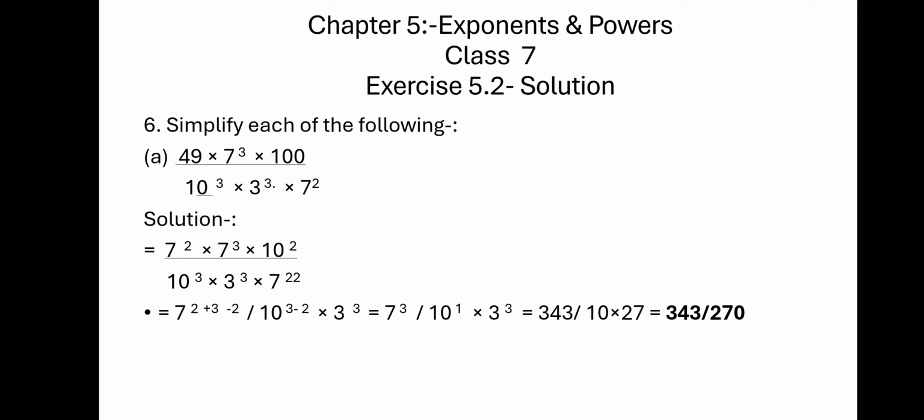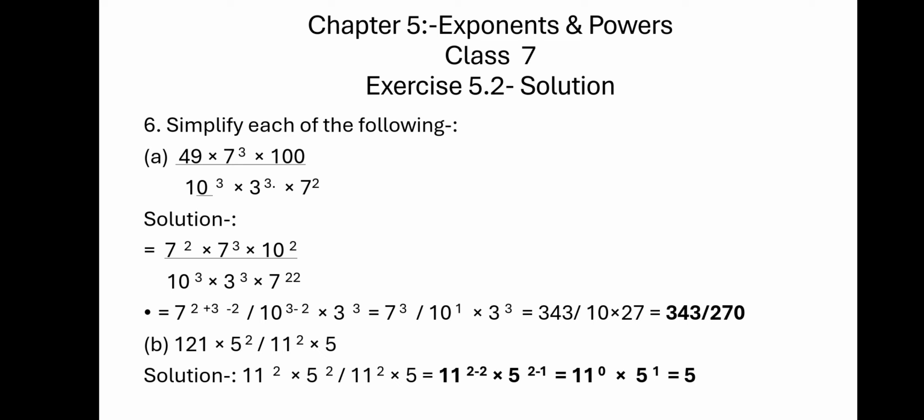So 7^3 divided by 10^1 into 3^3, which will give you 7^3 is nothing but 343 divided by 10 into 27, that is 343 divided by 270.